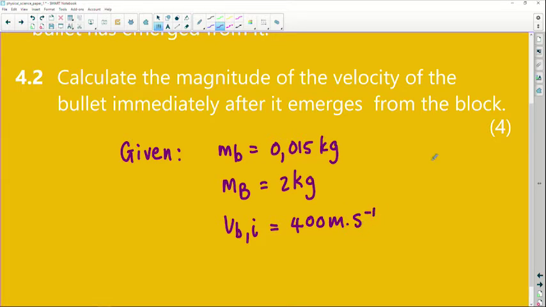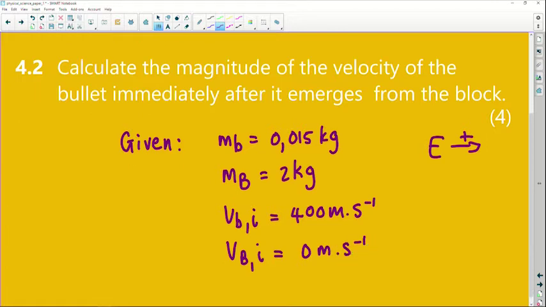And remember, we've chosen east as positive, and the bullet is moving east, so we're going to make sure that we use a positive value for our initial velocity for the bullet. In the same manner, we also know what the initial velocity is for the block, and we can write that down as 0 meters per second because the block is at rest.